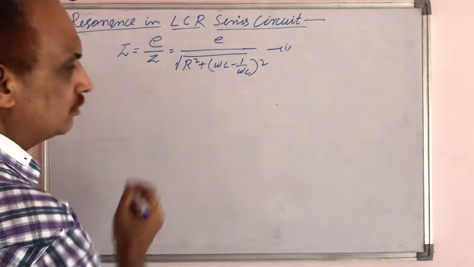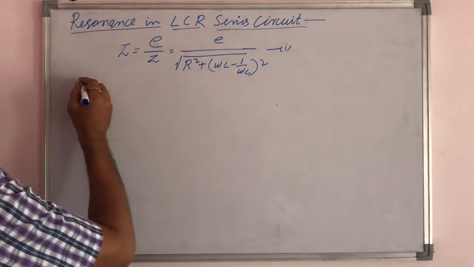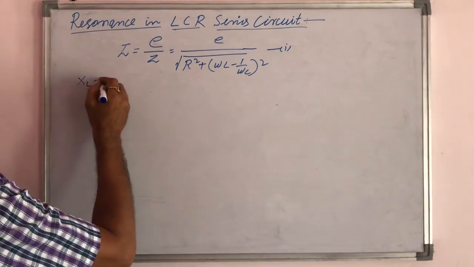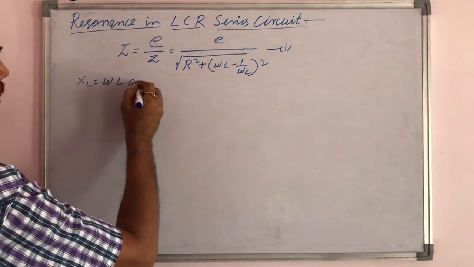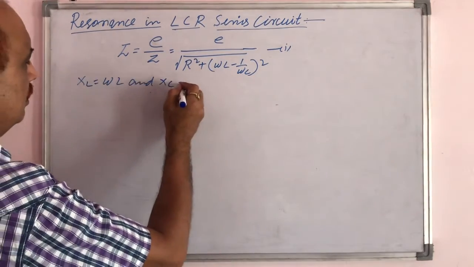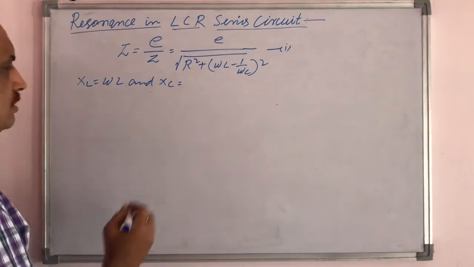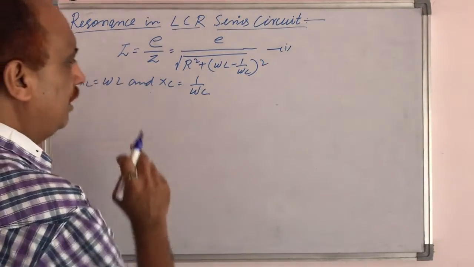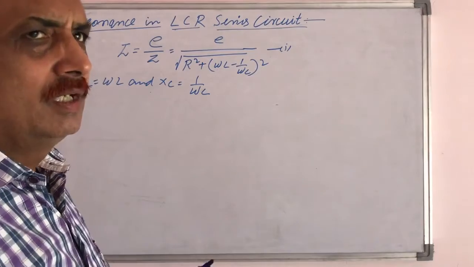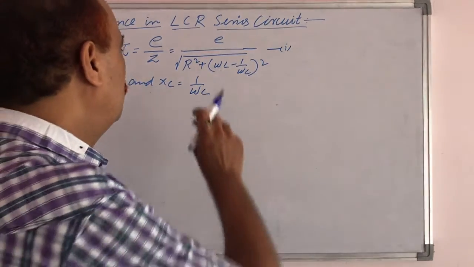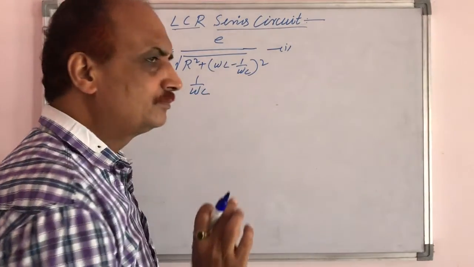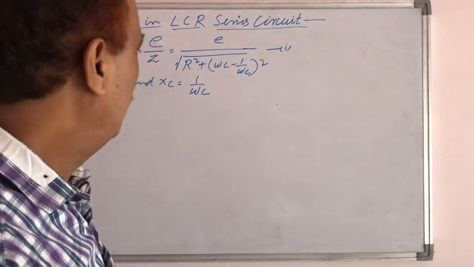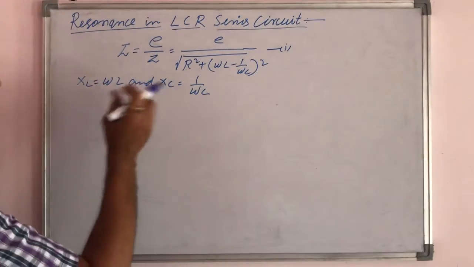If it depends on omega, we know that XL equal to omega L and XC, that is capacitive reactance, equal to 1 upon omega C. So XL and XC will also be affected due to change in the angular frequency omega. Consider some conditions.